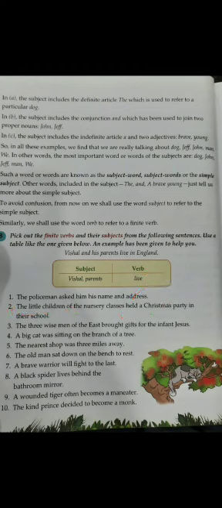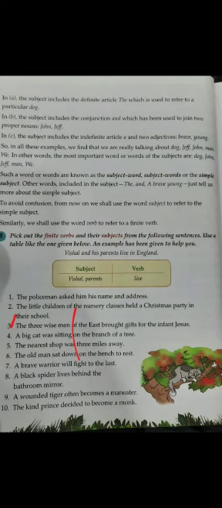Third one. The three wise men of the east brought gifts for the infant Jesus. So what is the subject here? Even though, if you divide the sentence into subject and predicate, the three wise men will become your subject.